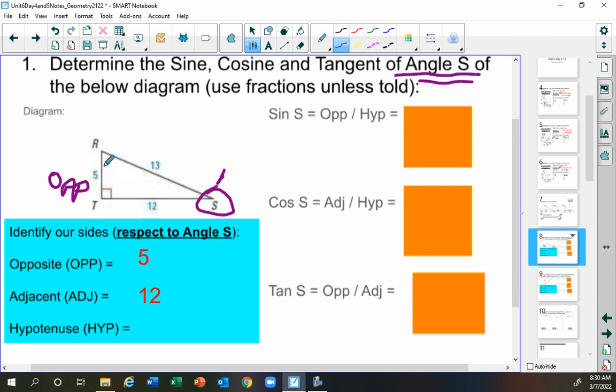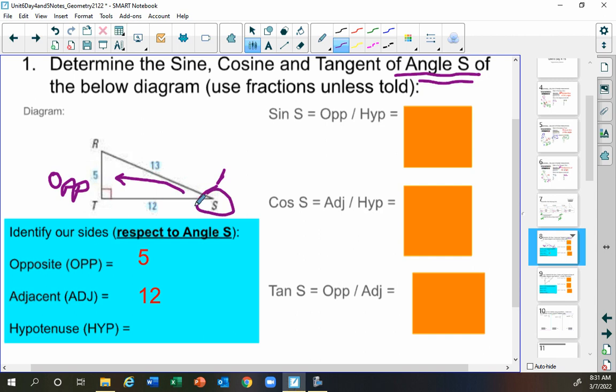You see why the 5 is the opposite? Because here's angle S. You have to look across to get to the opposite. Then our adjacent. Well, which side is the adjacent?